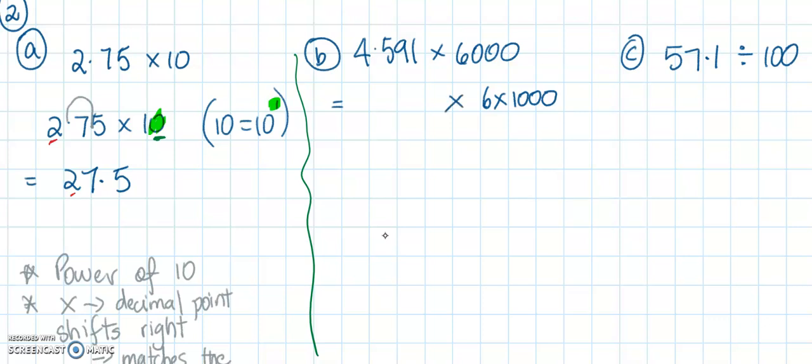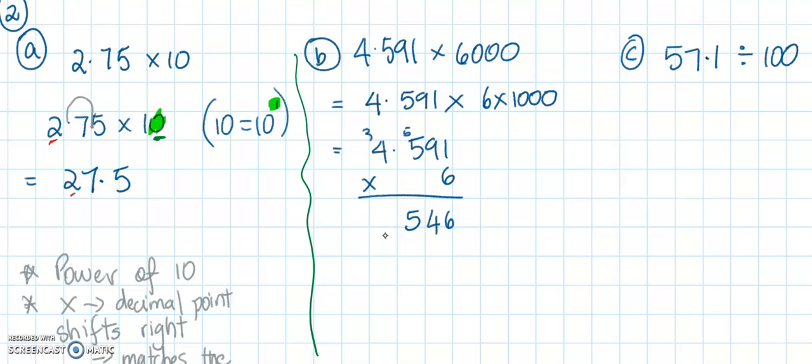When we multiply a decimal by a whole number, we do 4.591 multiplied by 6 using long multiplication. 6 times 1 is 6. 6 times 9 is 54. Write down the 4, carry the 5. 6 times 5 is 30, plus 5 is 35. Write down the 5, carry the 3. 6 fours are 24, plus 3 gives me 27.